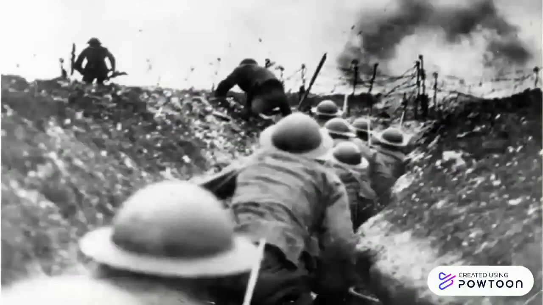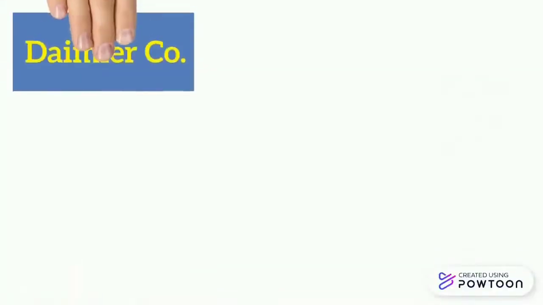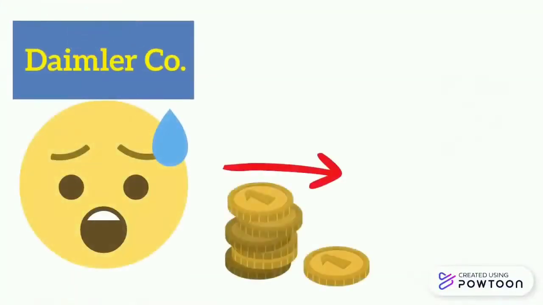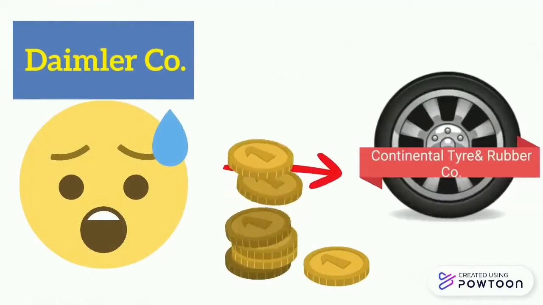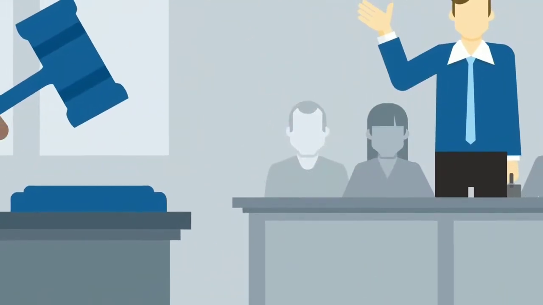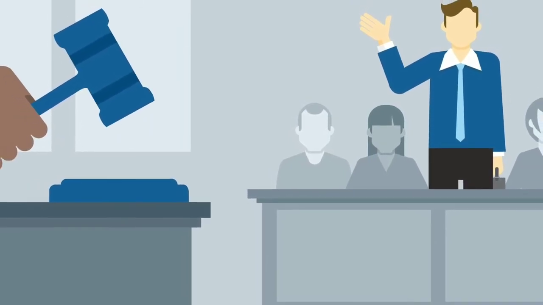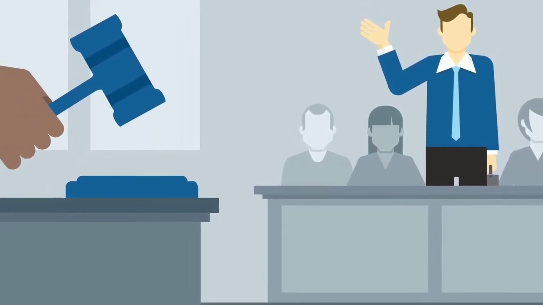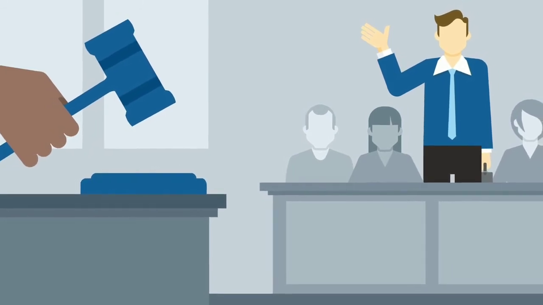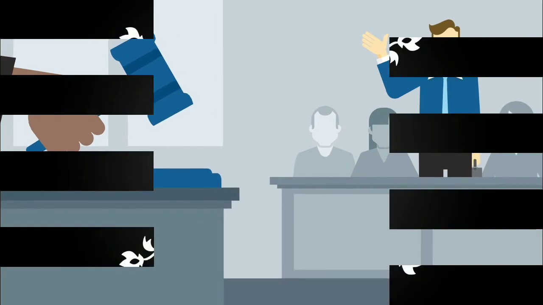During the First World War, Germany was at war with England, and Daimler was concerned that making payments to Continental Tyre and Rubber Company might break the common law offence of trading with the enemy. The House of Lords said that Continental Tyre Company was incorporated in England, but its effective control was in the hands of Germans, and therefore the company had acquired an enemy character. At that time the corporate veil is lifted.